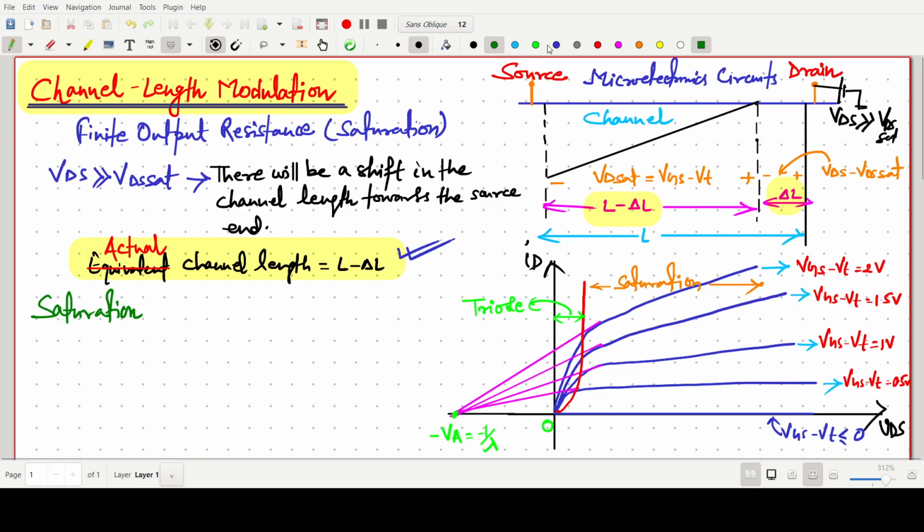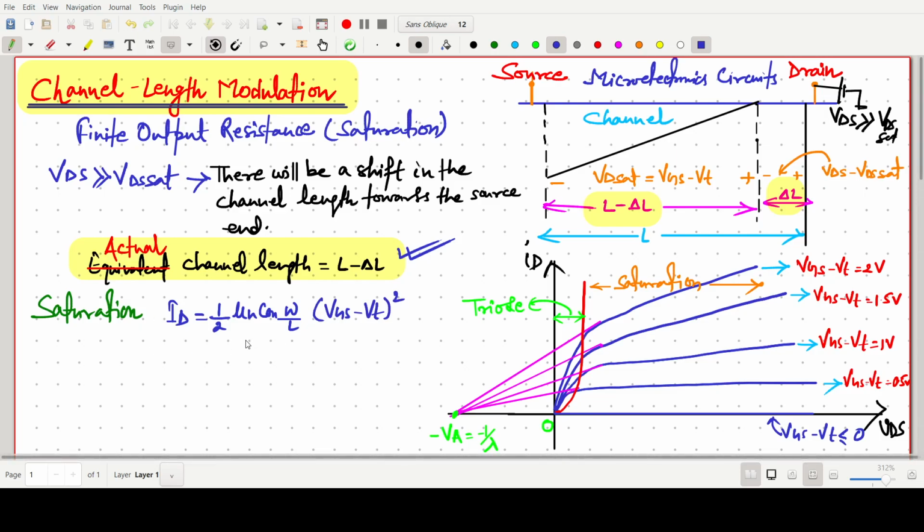First of all, we have to write the drain current equation in the saturation region: ID equals 1 by 2 mu n Cox W by L times (Vgs minus Vt) whole square. This is the fundamental drain current equation in the saturation region, where Vds should be greater than or equal to Vgs minus Vt.